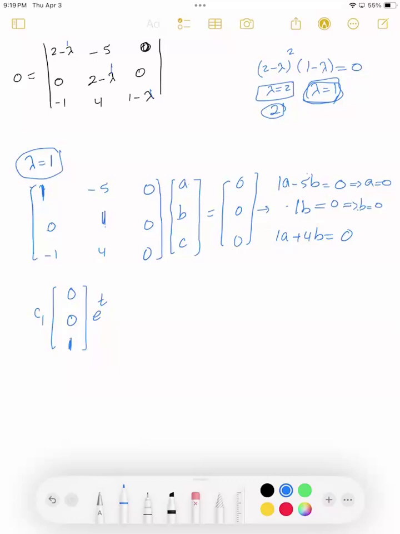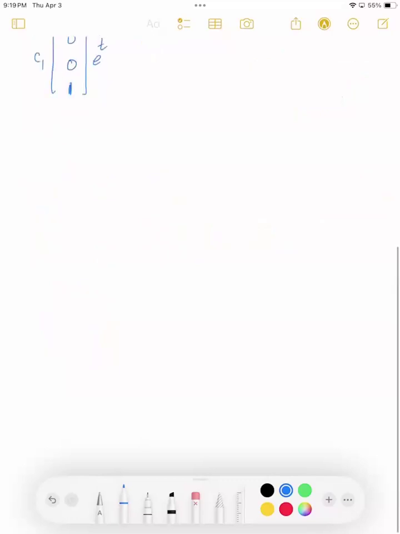Now we want to find the other solutions, the solution for when lambda is equal to 2. So the case lambda is equal to 2, we get the following matrix. 2 minus 2 is 0, 2 minus 2 is 0, 1 minus 2 is negative 1.